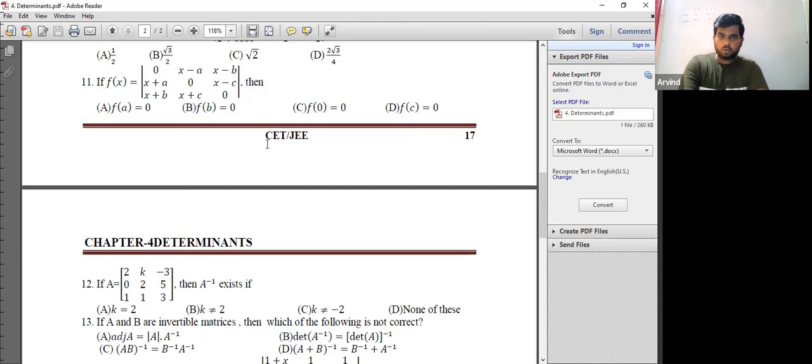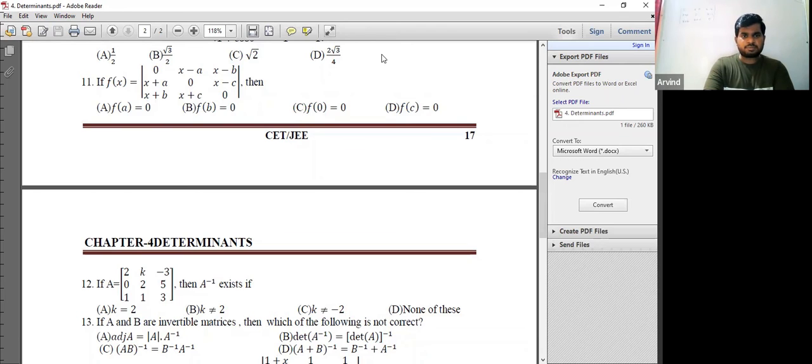So there are two ways. Even in trigonometry we did it, right? The general way, or you can put in the values. If f of x is equal to the determinant of so and so, even if you find the determinant, it is easy.